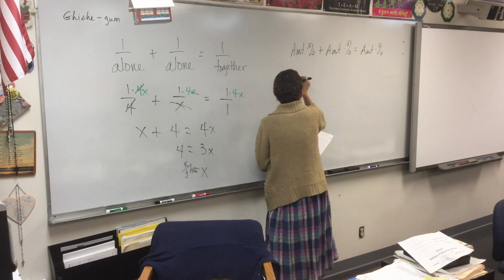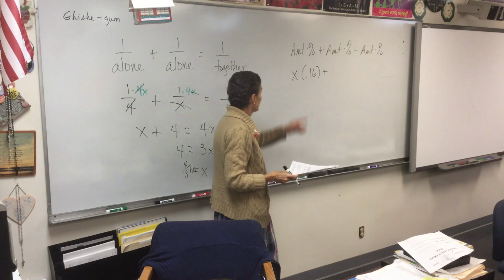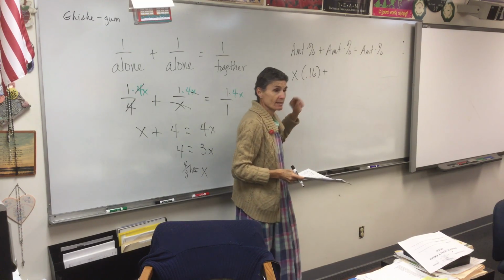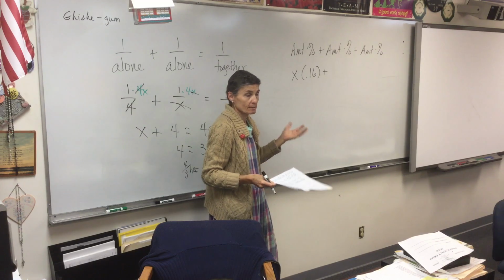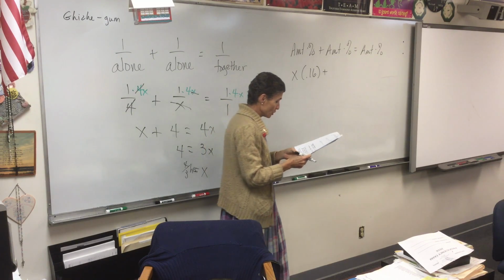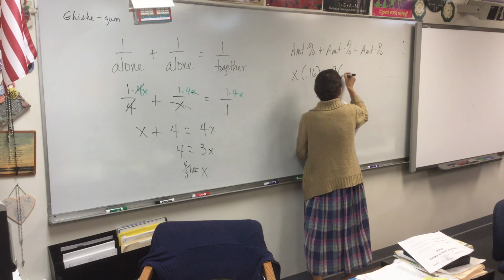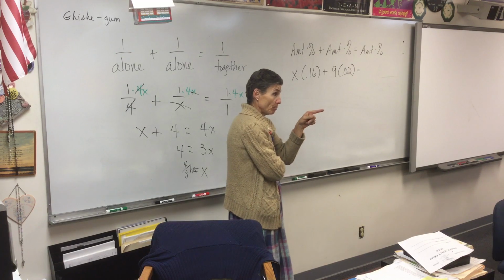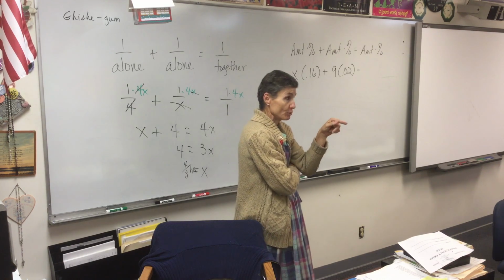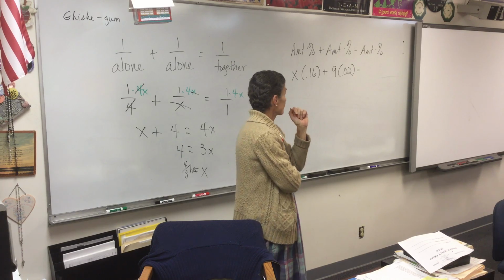How much 16% solution? Does that look okay to everybody? How much x 16% should be mixed with 9 quarts of 2%, and when you write 2%, it's 0.02, right? Not 0.2, 0.02.